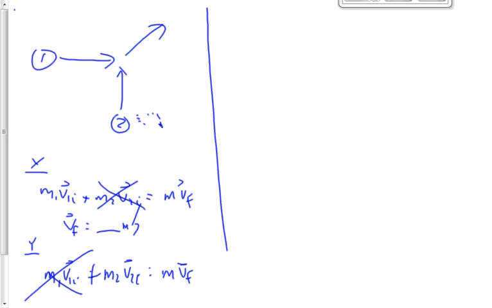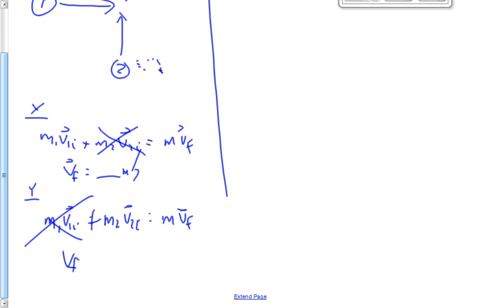Yeah, we're looking for the y components here now, and object number one is only moving on the x-axis. So we're going to solve for vf there. Now we've got an x component of vf, we've got a y component of vf, and then we're going to combine them by drawing a right angle triangle, using the Pythagorean theorem and the inverse tan function. We're good with that? All right.